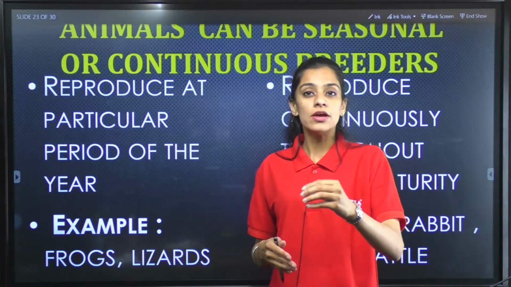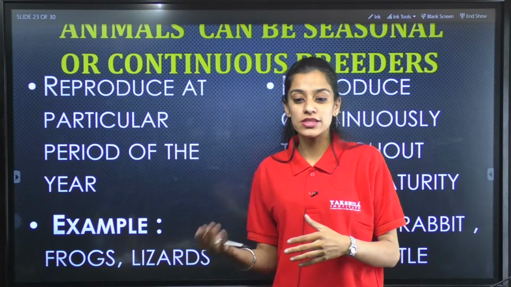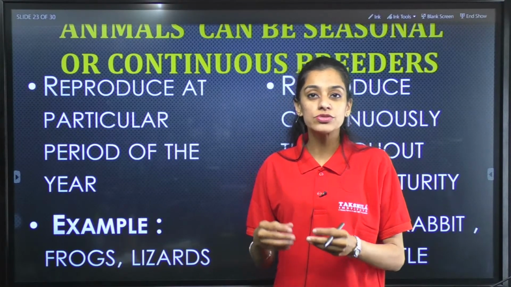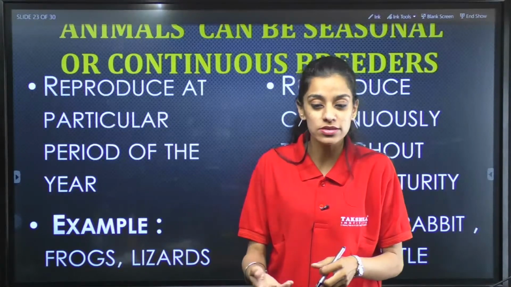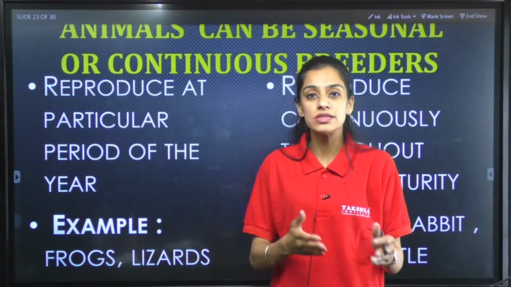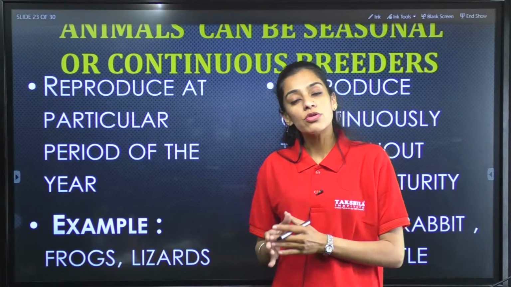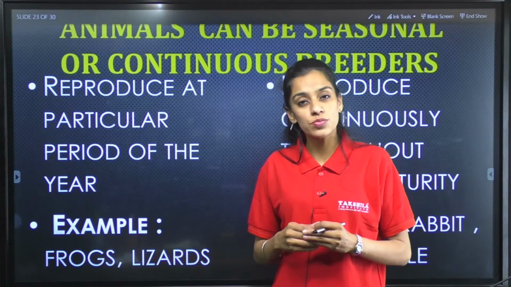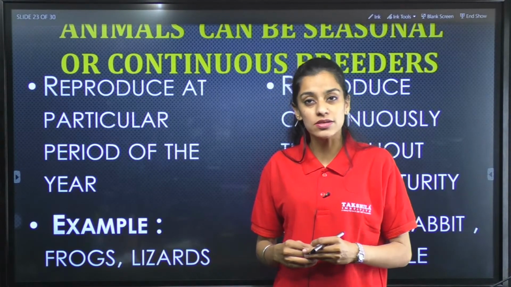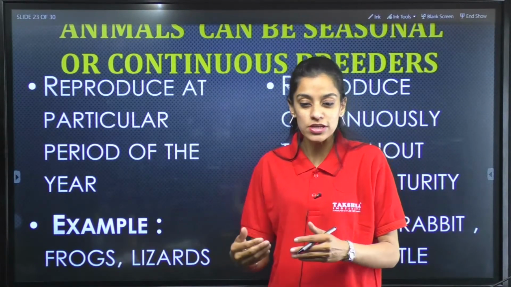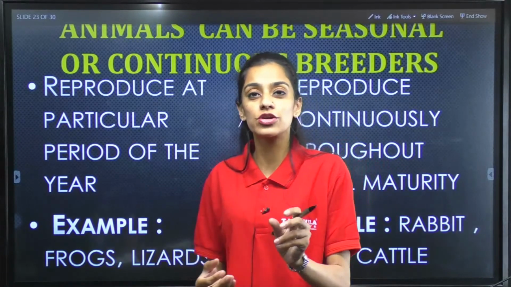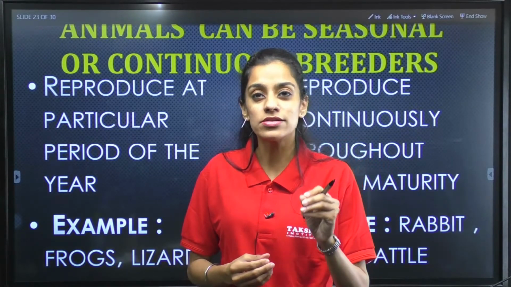They are going to be reproducing only once in the season, or once in a year, or twice in a year when the season arrives. So when the reproductive capacity or the fertilization process depends upon the season, it is referred to as a seasonal breeder. As the name suggests, the seasonal breeder will be restricted to one particular season.